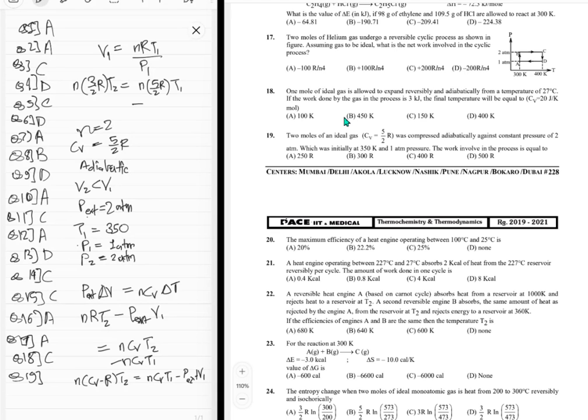So this thing is just 2nR T1. Oh, so from this we can figure out what T2 is in terms of T1. That's nice. So 3 by 2 T2 equals 5 by 2 T1 minus 2 T1, which is 1 by 2 T1. So that means T2 is just 1/3 of T1. Hey, that's nice, and we know what T1 is.